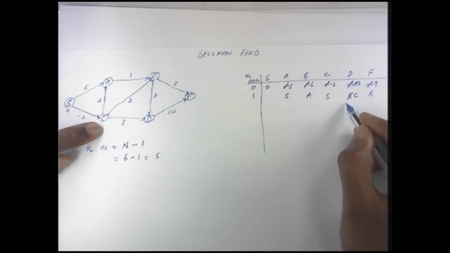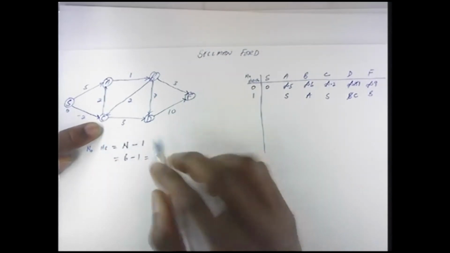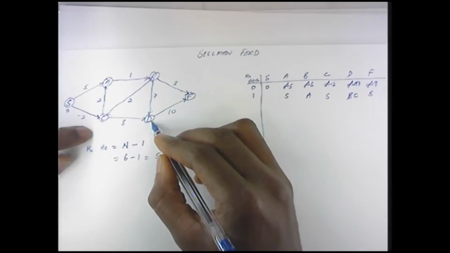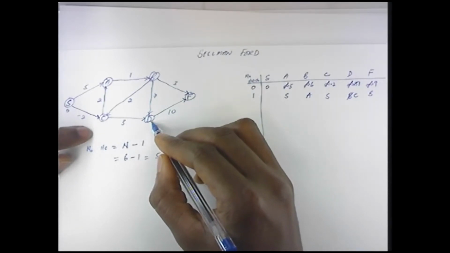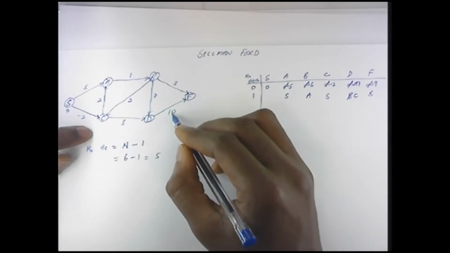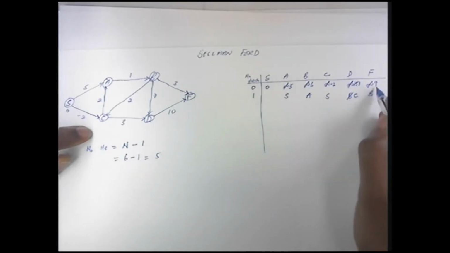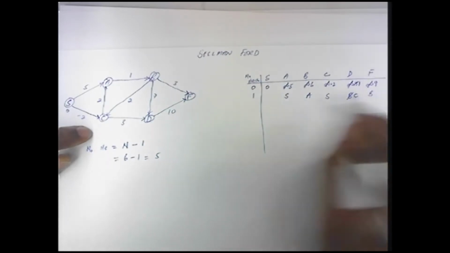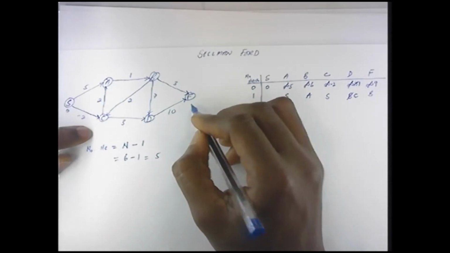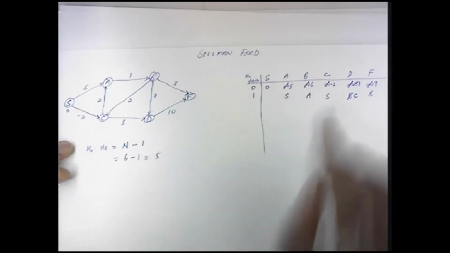And the predecessor it's coming from is C. So, we are done with C. Now, let's go to D. D also has one outgoing link to F at a cost of 10. Now, 10 plus 1 is 11. Now, 11 is bigger than 9. So, we still maintain that. Now, F is the finishing node. So, there's no update. And this brings us to the end of the first iteration.